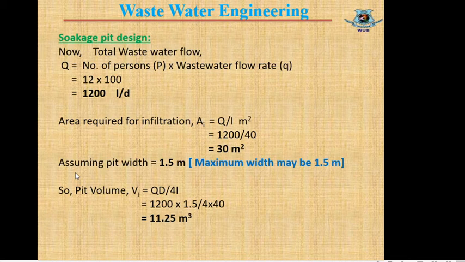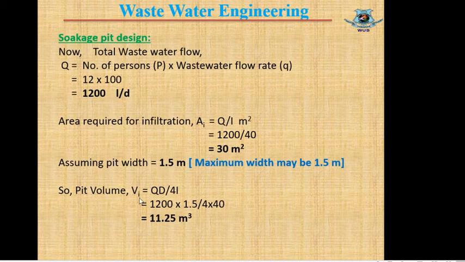Now assuming a pit width of 1.5 meters, and the maximum width may be 1.5 meters, the pit would be designed as a square pit. We have seen while designing the leach pit latrine technology that this type of pit may be constructed either square or circular. So we have decided to design this pit as square, and width and length would both be the same, 1.5 meters.